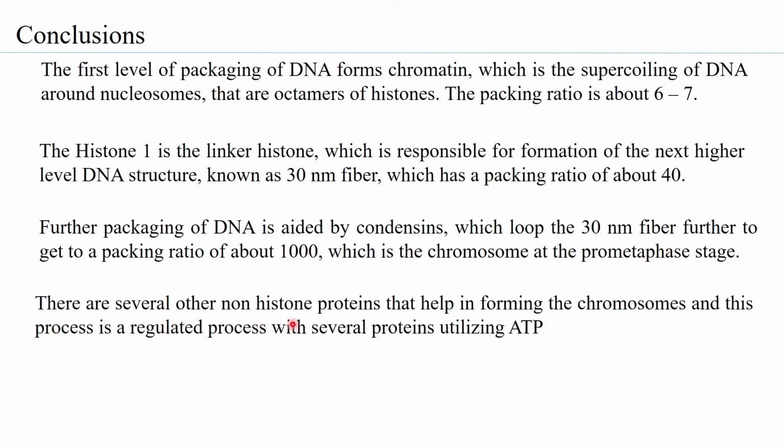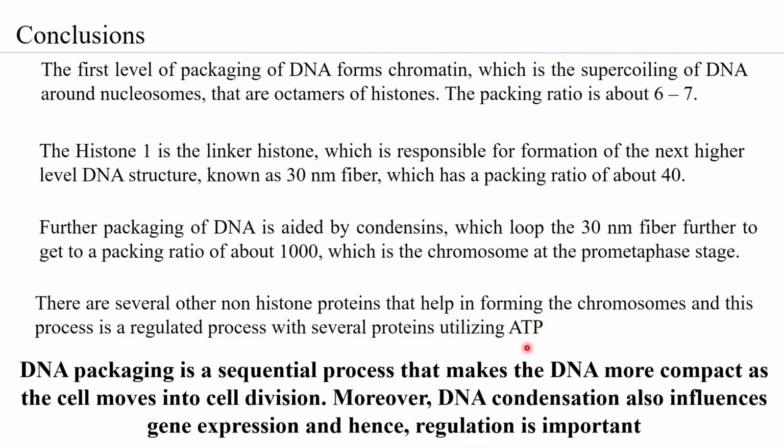There are several other non-histone proteins that are helping in forming the chromosomes, and this is a regulated process with several proteins utilizing ATP. Thus, DNA packaging is a sequential process that makes the DNA more compact as the cell moves into cell division. Moreover, DNA condensation also influences gene expression, and hence regulation of DNA packaging is an important phenomenon.